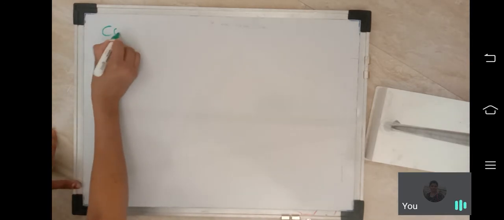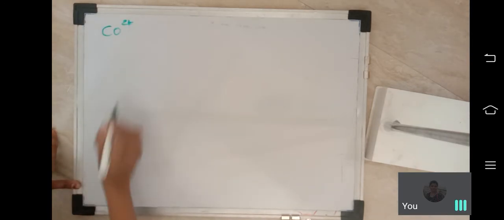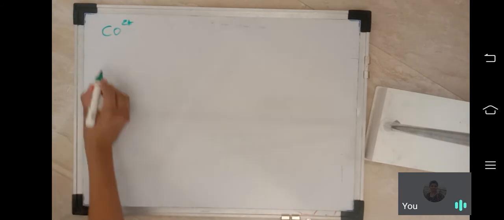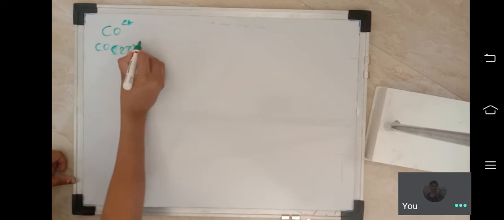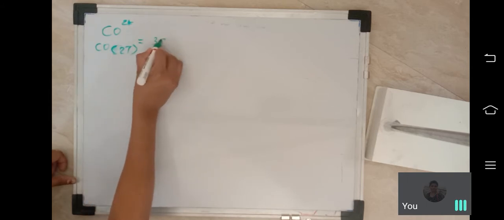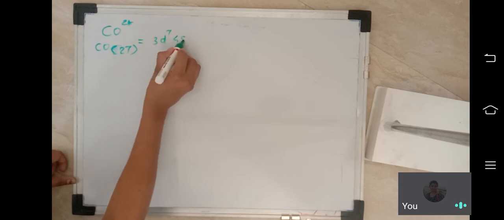Now we see the next example, the cobalt 2 plus ion. The atomic number of cobalt is 27. First you have to write the cobalt. What is the electronic configuration? 3d7 4s2.